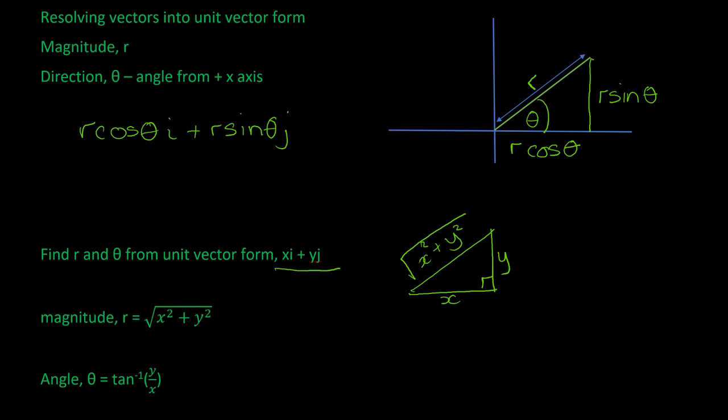So that's where that comes from. And then this is our angle theta here, and so we can see that tan theta would be y over x. And so theta is tan to the minus 1 of y over x.